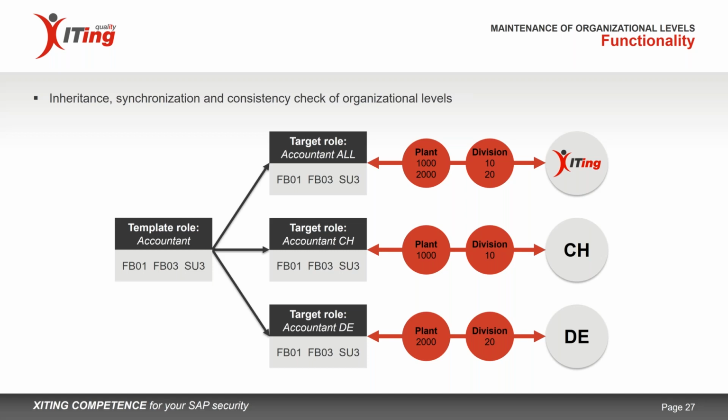All right, so one of the other benefits of our system when it comes to role replication and where it goes away from the derived role concept is our roles are all single roles. They are not linked together with inheritance like you have in AGR define, table AGR define in SAP. Our roles are all single roles, which means they can be moved by themselves, right? You can move that role on its own.